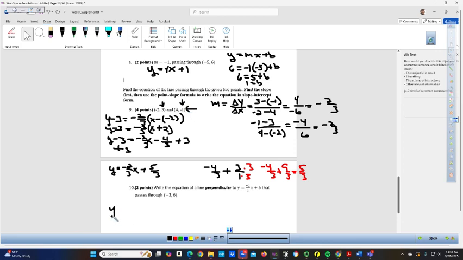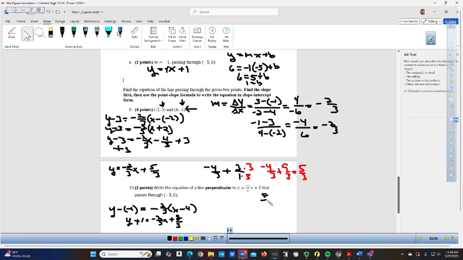Okay, so if I use this second point, I should get the same equation. So y minus a -1 equals -2/3 times x minus 4. Y plus 1 equals -2/3 x plus 8/3. And now I just need to subtract my 1 from both sides.